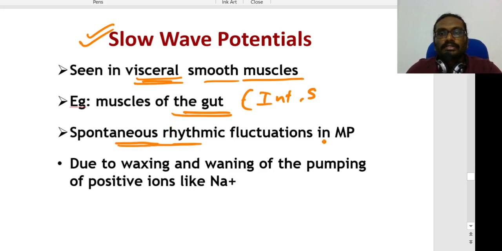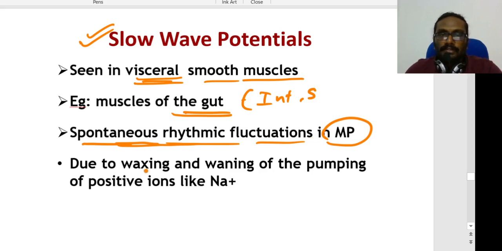What you find is that the membrane potential itself will have these spontaneous rhythmic fluctuations, and that is going to give the smooth muscles a rhythmical contraction. So this will appear at regular intervals. The contractions are going to come by themselves at regular intervals and they are going to move forward.